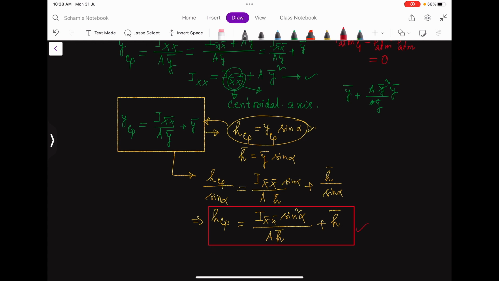So this formula directly gives us the height. For GATE, I will suggest you remember only this formula, or actually this formula. My suggestion is always to try to remember as little as possible, so you can remember either this one or this one.